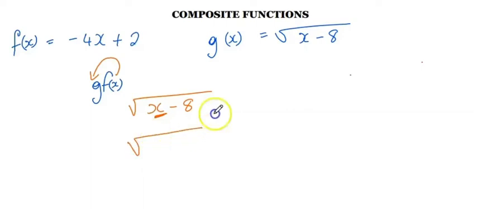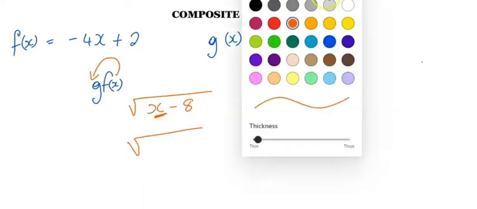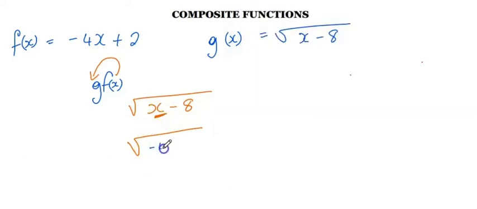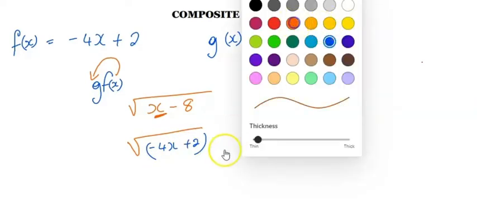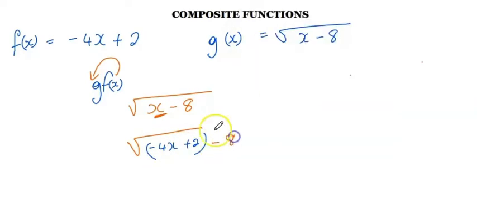So I have my square root sign. I am going to write my f function where the x is, so that would be negative 4x plus 2. And I will just go ahead and finish writing my minus 8. That is what I have so far, and it is the same thing as negative 4x plus 2 minus 8.